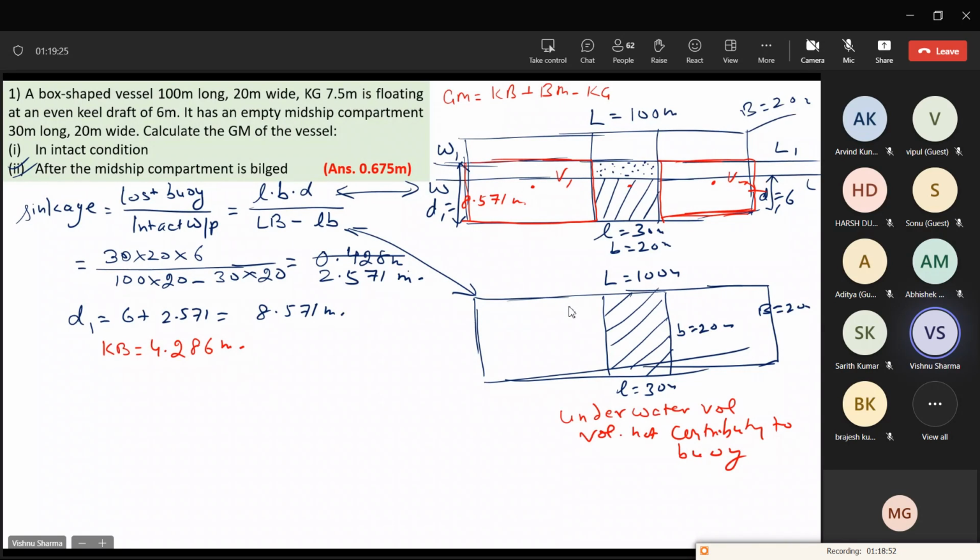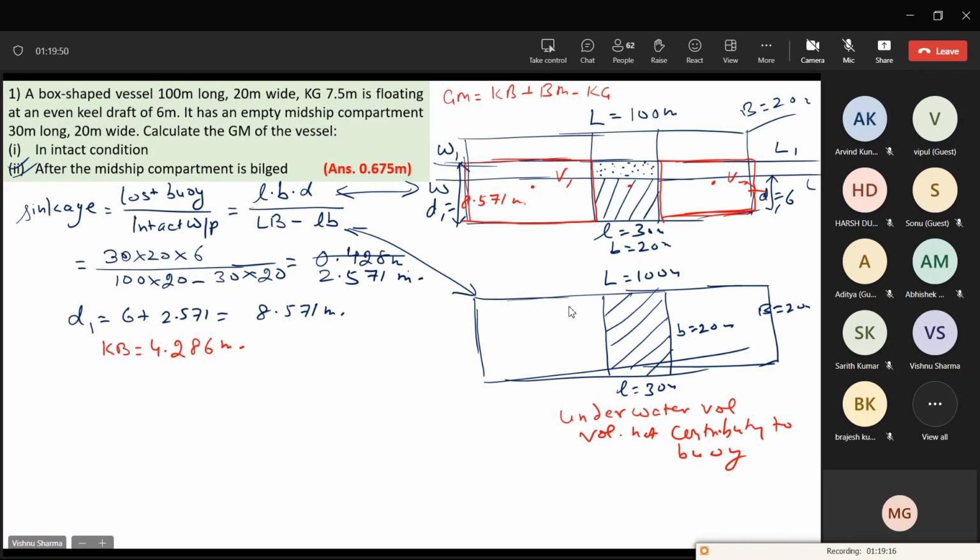It's a box-shaped vessel, remember that. D1 by 2 is one answer. How many of you are in agreement, or does anybody want to differ?